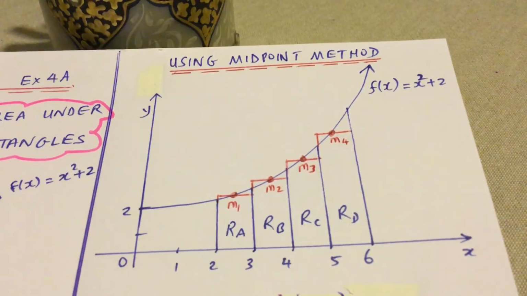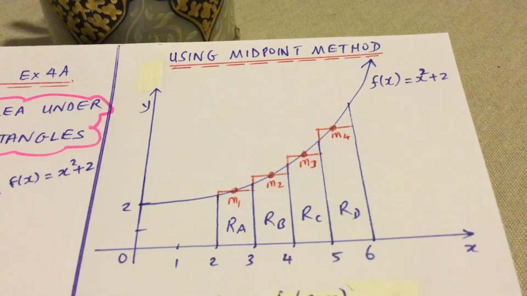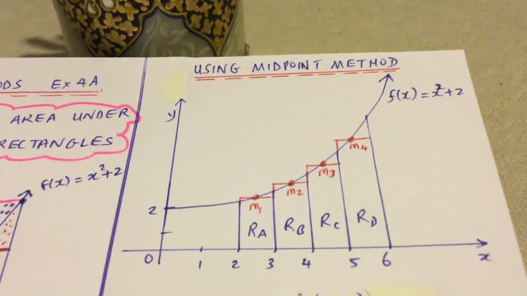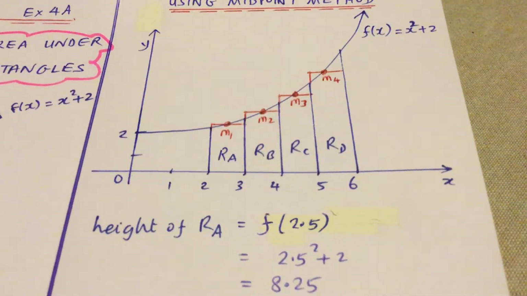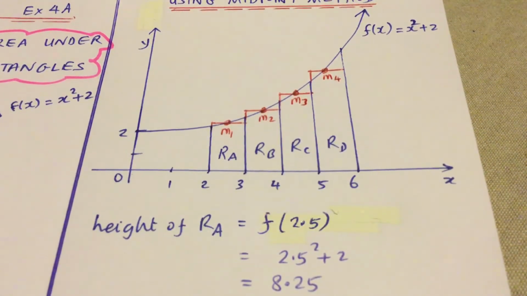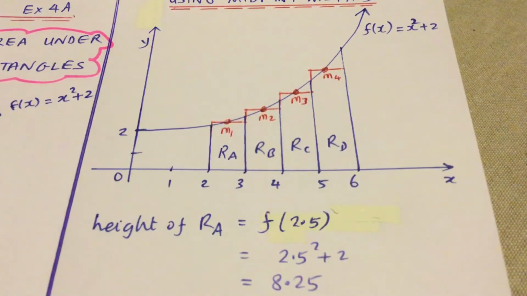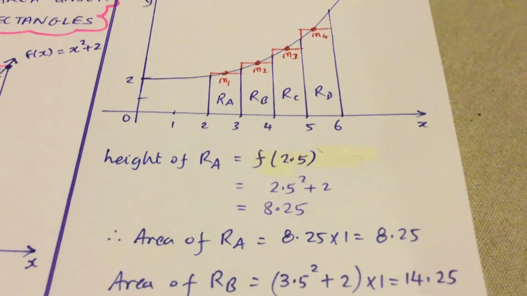So for the height of rectangle A, we just replace x by 2.5 in f(x). That would be f of 2.5, which is 2.5 squared plus 2, which gives us 8.25. So the area of rectangle A will be 8.25 times 1, which is obviously 8.25.